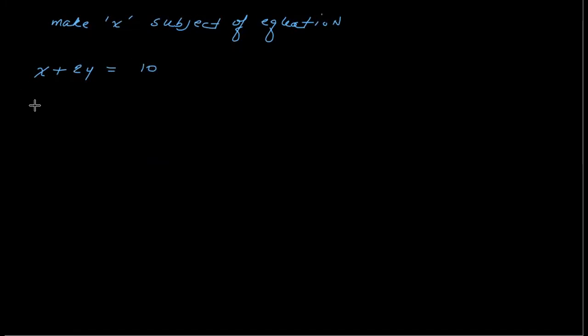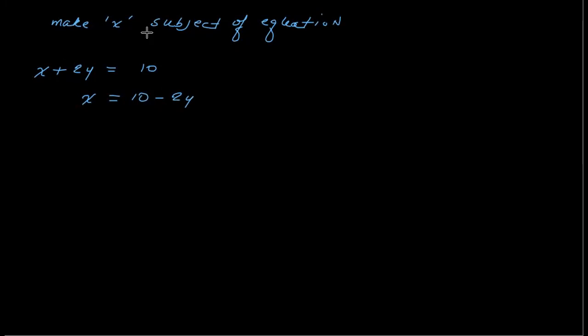Now you have two variables here, but I want x to be the subject of the equation, which means forget 2y. Let's not treat it as a variable. Let's treat it as just something else that's in the way because I want x to be the subject of the equation. That means I got to take this 2y and transpose it just as I would any other constant. If I do, it becomes negative. So x then is equal to 10 minus 2y.